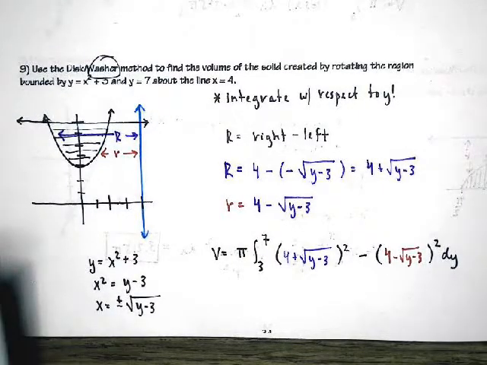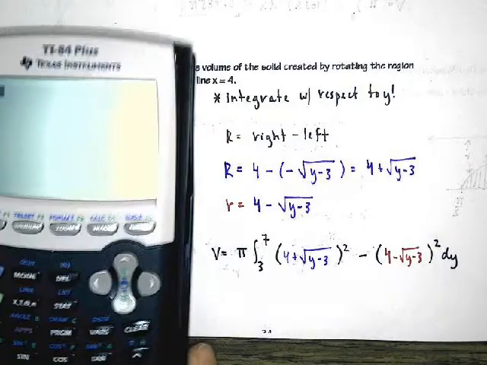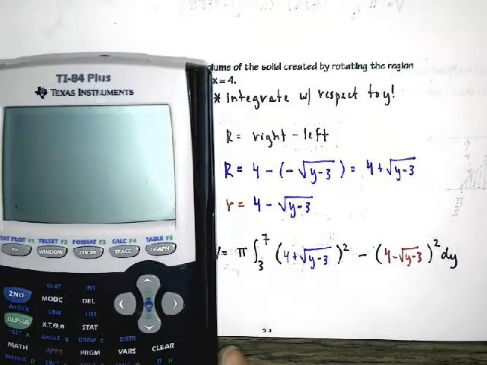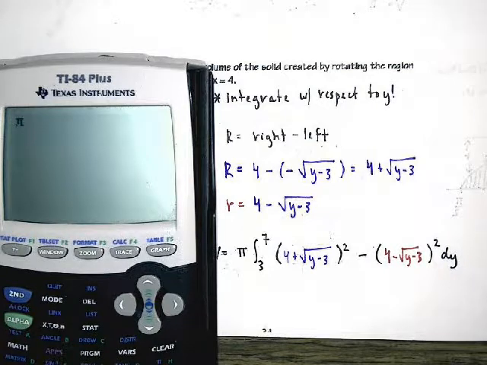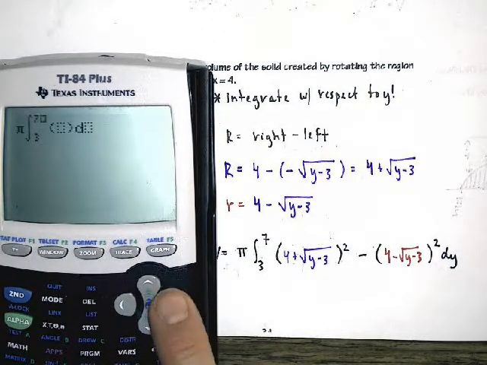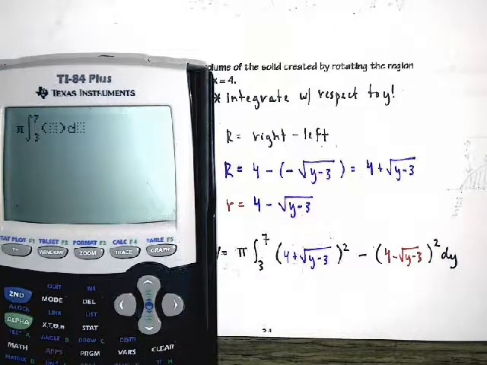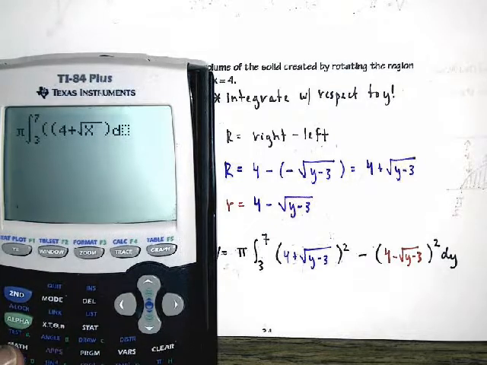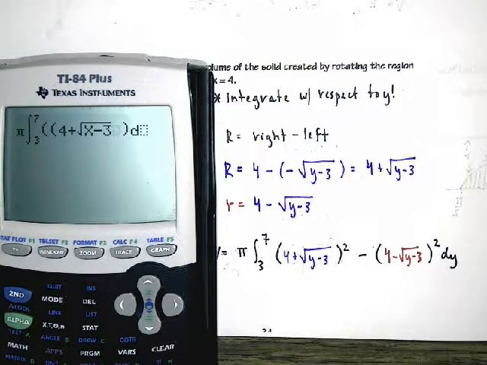So we'll go ahead and put this in our calculator. This time I'm just going to put the whole thing in. So pi, math 9, I'm going from 3 to 7. Now I'm going to have to be careful here with parentheses. So 4 plus the square root of x minus 3. I'm going to take that whole thing and square it.